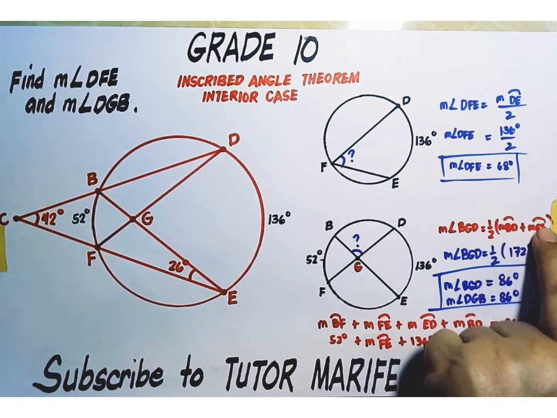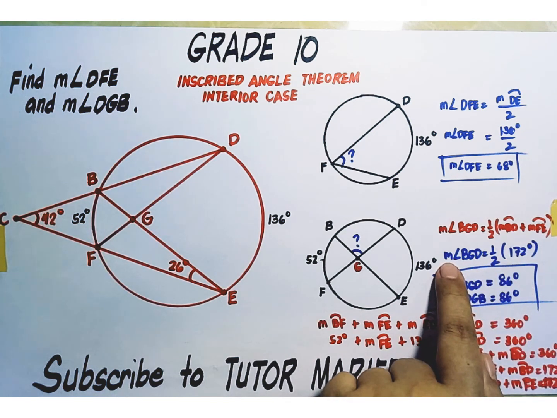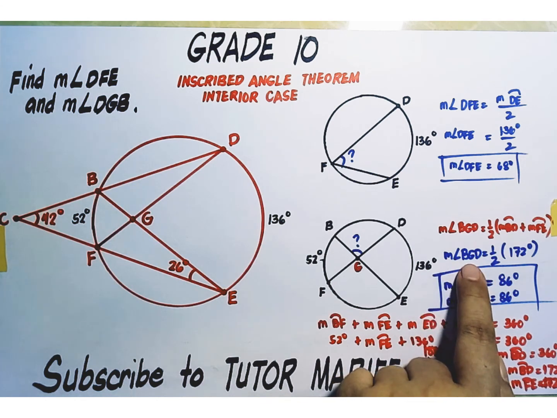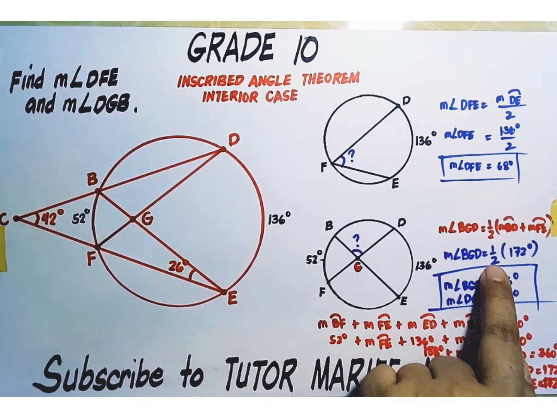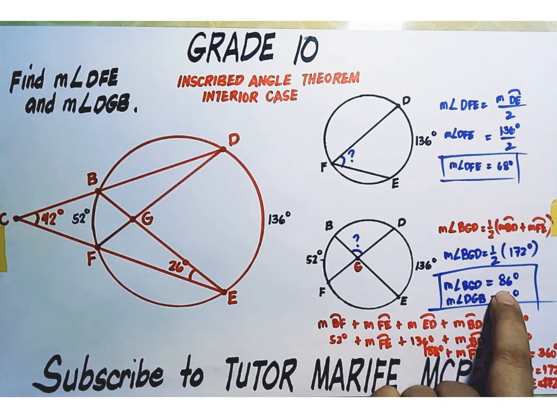So we are going to replace this with 172 degrees. We are now ready to solve for the indicated angle. Measure of angle BGD equals 1/2 times 172 degrees. What is 1/2 of 172 degrees? It's equal to 86 degrees.